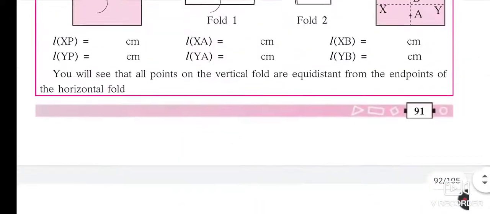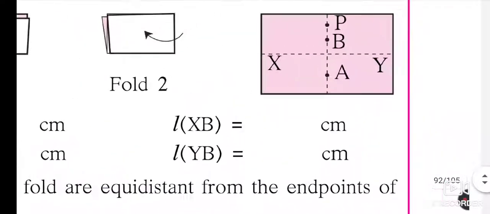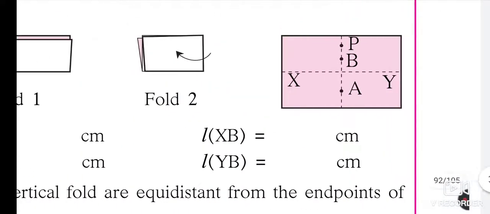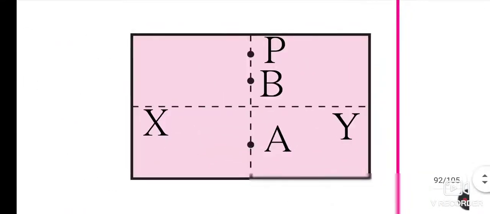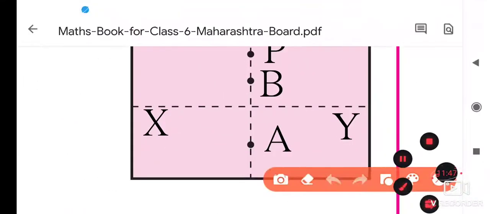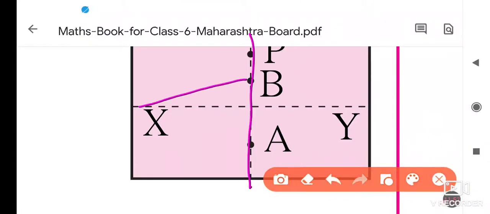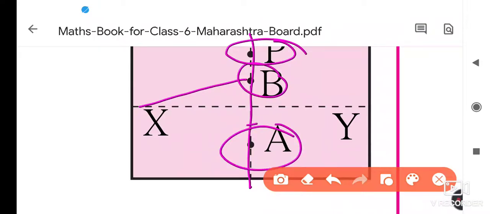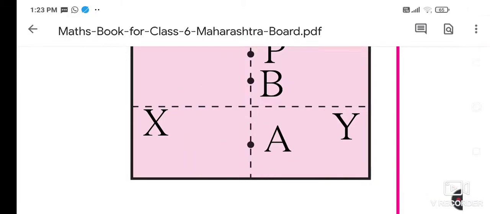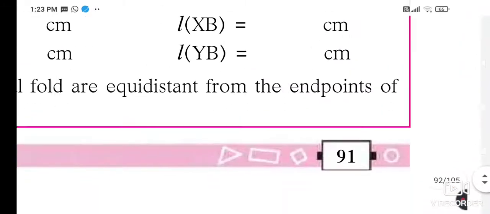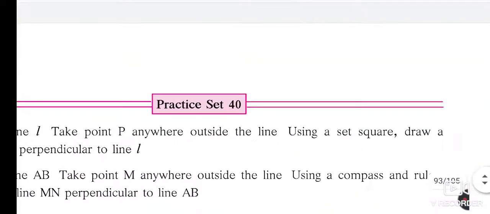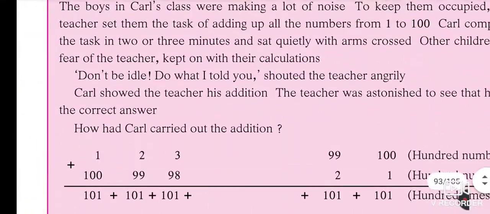Understand? Anywhere you take any point on the perpendicular bisector, it is equidistant, meaning at equal distance, from the endpoints of the segment. That is the conclusion. Now after this you have to solve the practice set number 40.